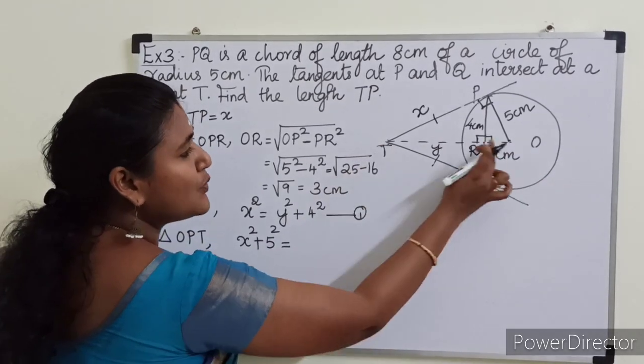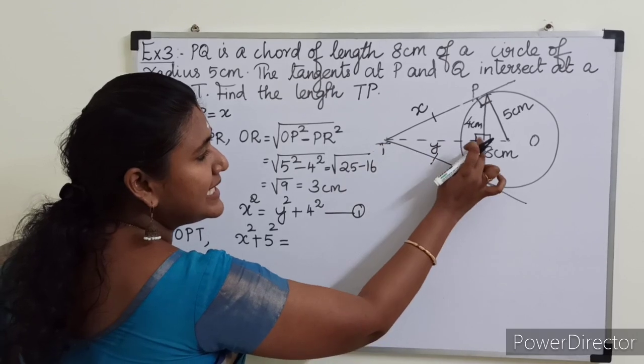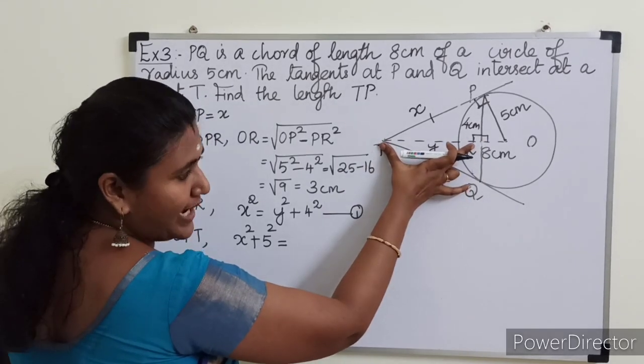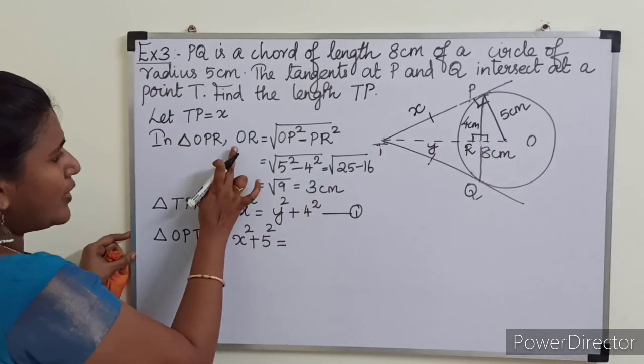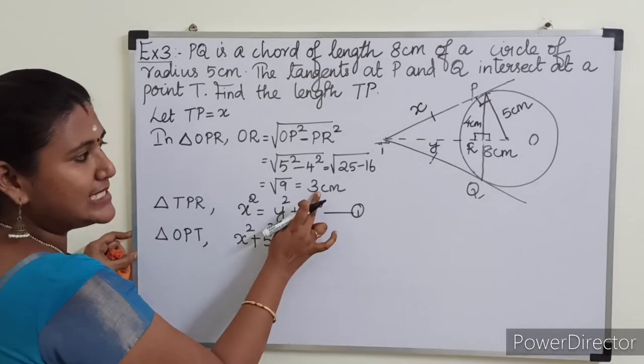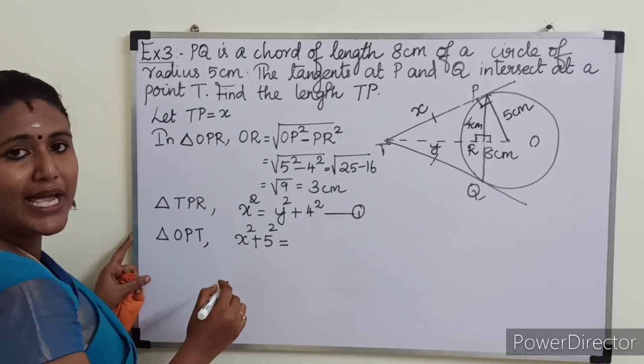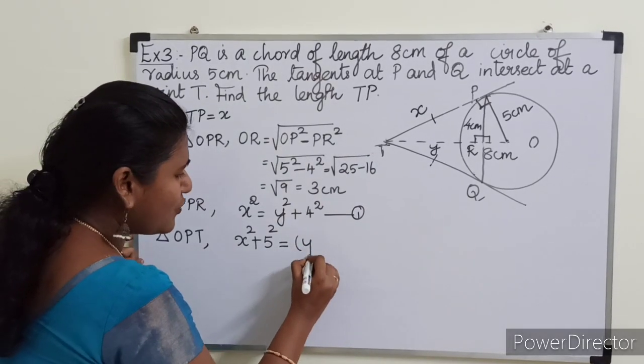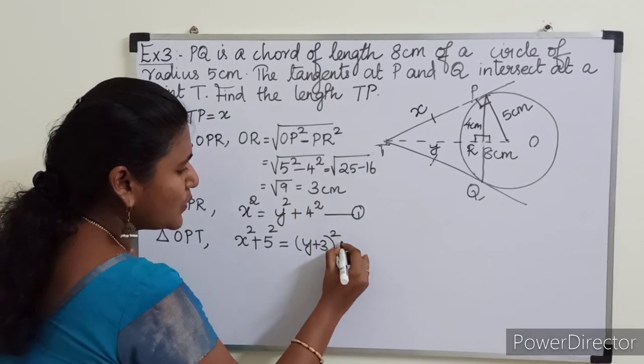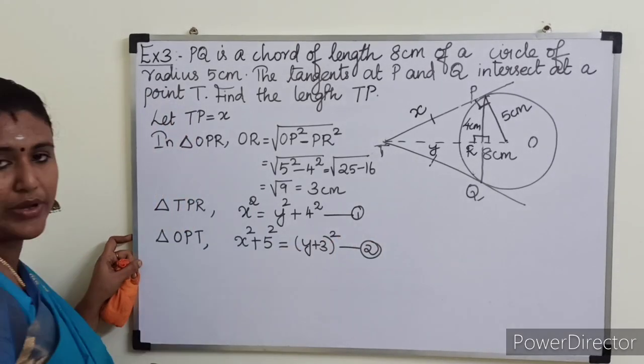The length TR we have taken as y, and RO is 3 centimeter, so TO is y plus 3. So we get y plus 3 the whole square. This is the second equation.